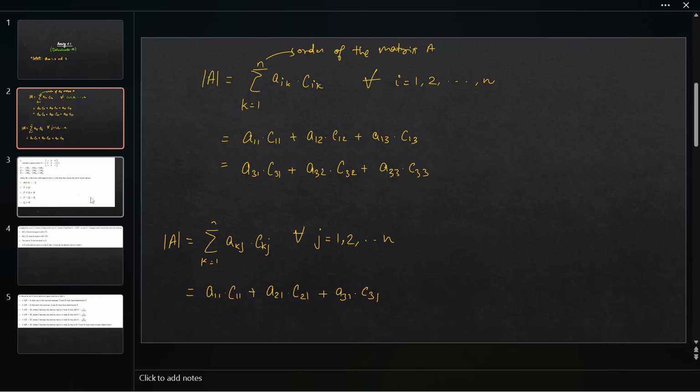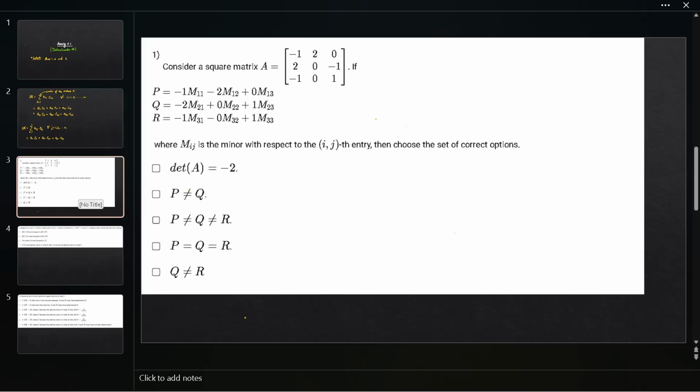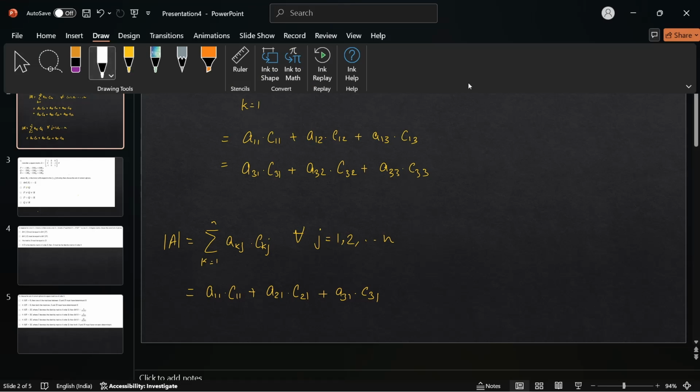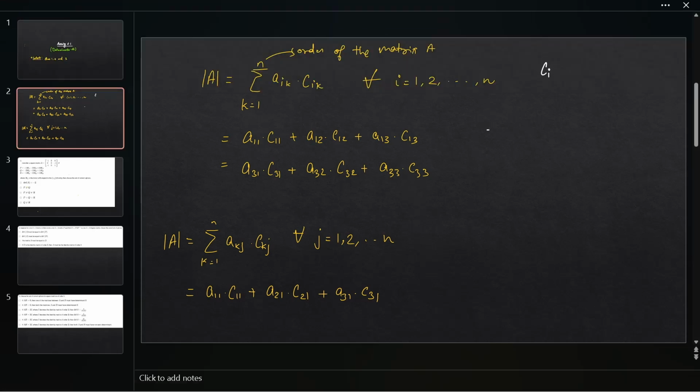Now, since in question 1 everything is represented in the form of minors, what will happen if we try to represent the same thing not in the form of cofactors, but in the form of minors? We know about cofactors that the cofactor of the ijth element is nothing but minus 1 to the power i plus j times the minor of ij. So if we use the same concept here, C11 would be minus 1 to the power 1 plus 1, that is an even power, so it will be just a positive sign: A11 times M11 plus.